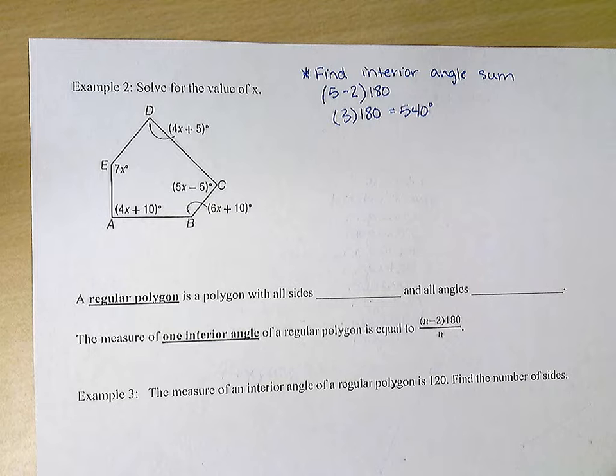So now that I know that the interior angle sum of this 5-sided polygon here is 540, I can add up all of my vertices, or all the equations for each of those vertices, and set it equal to that sum.